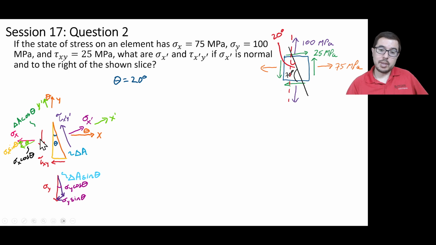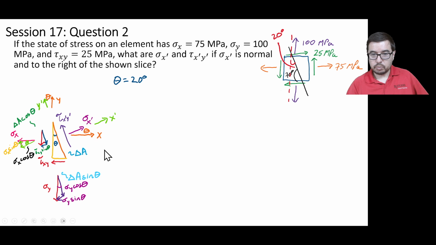Now notice I've moved this arrow a little bit to the left as well, and that is to give us a little space to represent two vectors that will sum up to being this tau xy. And you see that this vector right here is aligned with the y prime axis, although it's going in the negative y prime direction. And then you see right here, this component is parallel to the x prime direction, but again, it's going in the minus x prime direction.